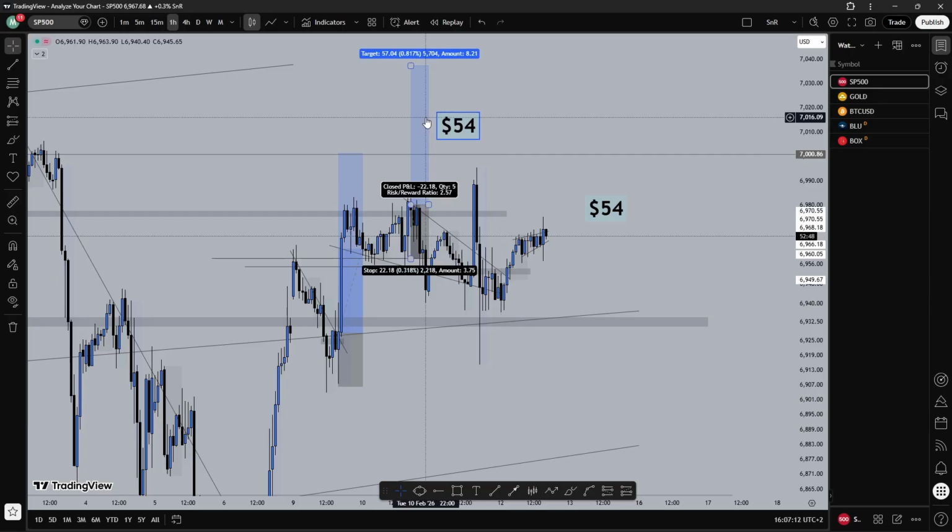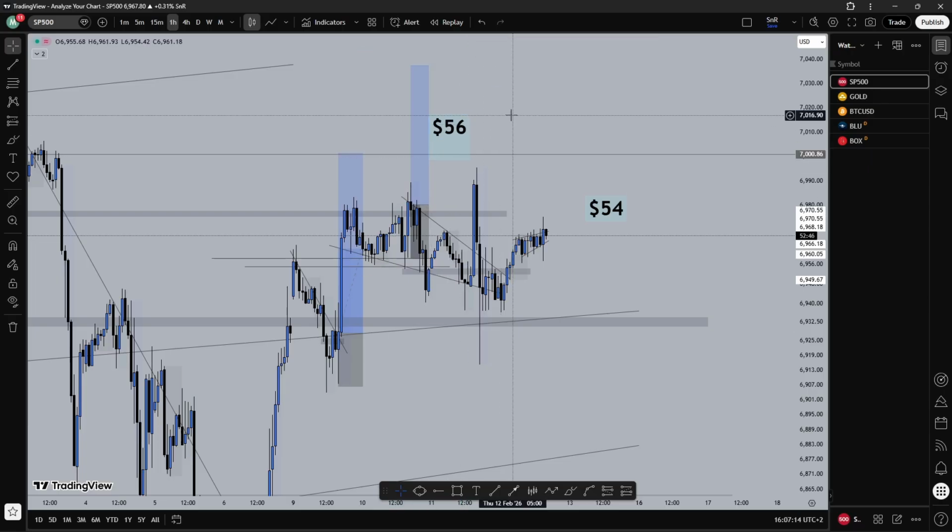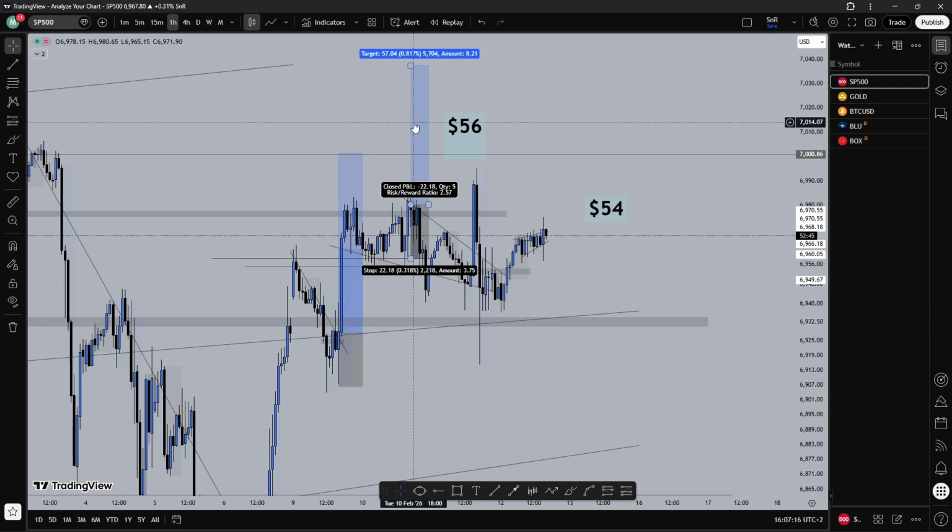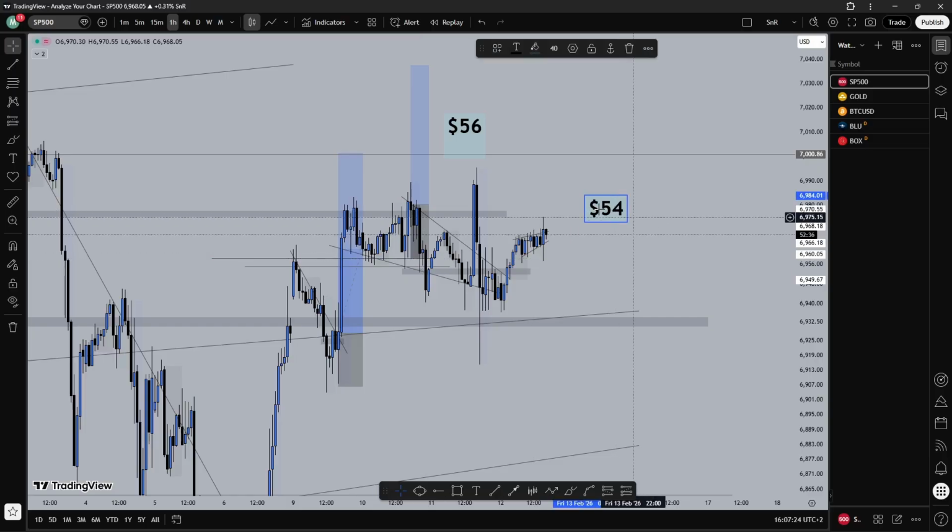So since I'm risking 56 in this one, the first stop loss that got hit is which one? This one. That means now this drawdown limit that I had of $54 is gone. Okay, do you understand what that means? That means the account is gone.